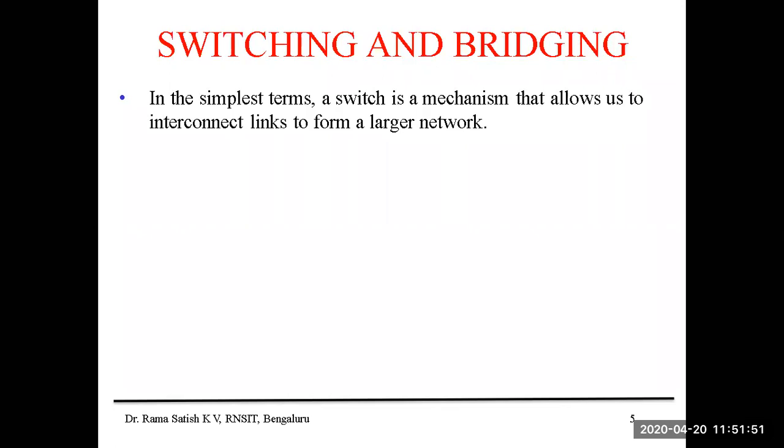In case of a bridge, you are connecting similar networks. In case of a gateway or router, you are connecting heterogeneous networks: Wi-Fi network, LAN network, maybe fiber optic network, and other different types of networks. So you can have multiple networks connected using routers.